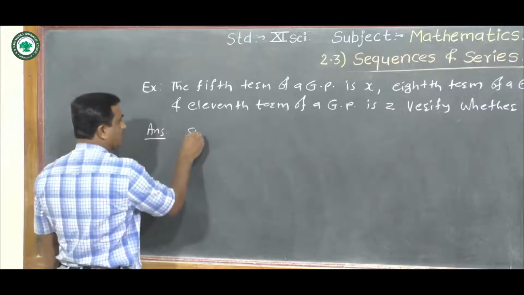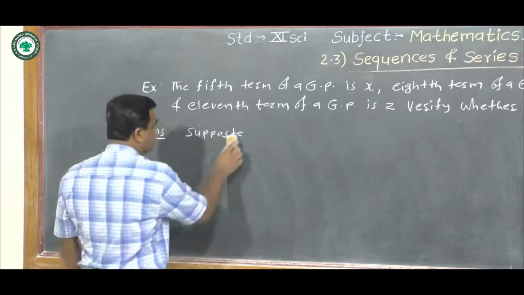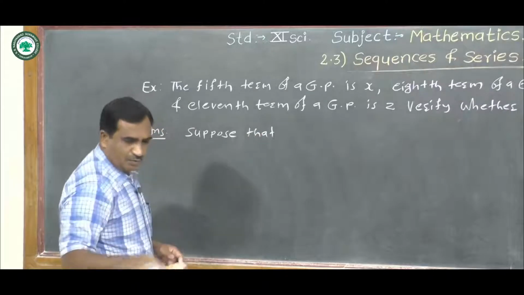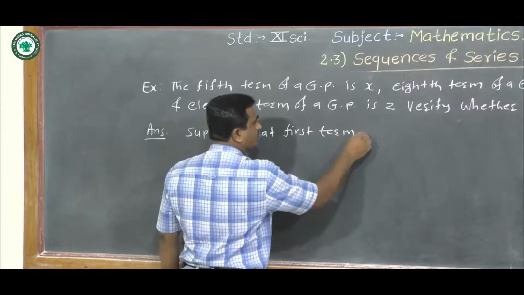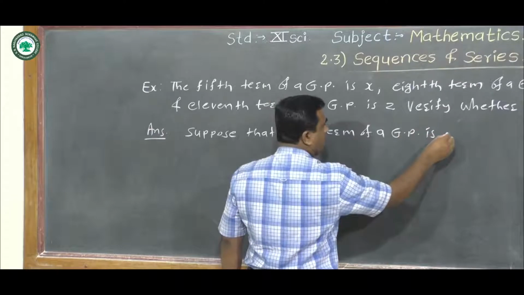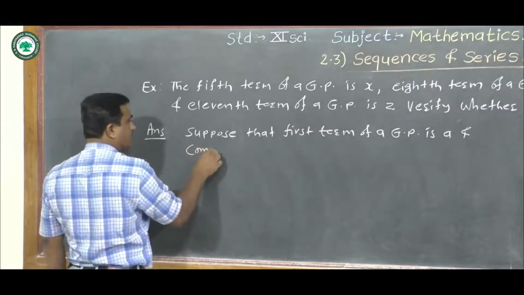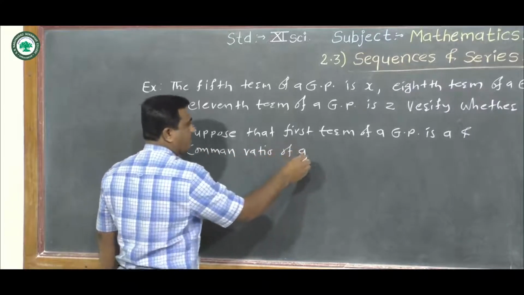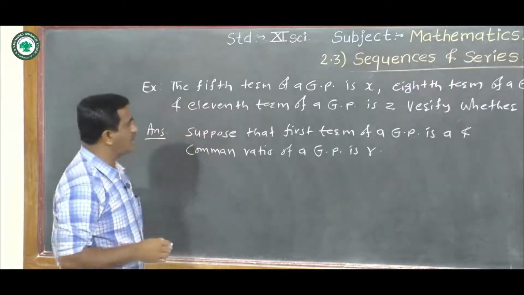Suppose that the first term of the geometric progression is A, and the common ratio of the GP is R.